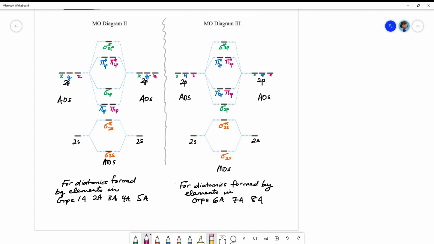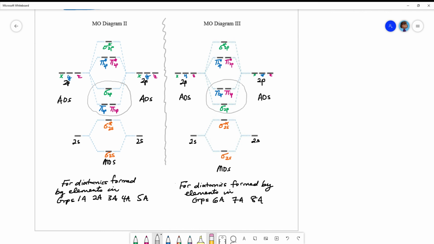So the real difference between these two molecular orbital diagrams is that in molecular orbital diagram 2, the pi molecular orbitals are lower than the sigma molecular orbital, but in molecular orbital diagram number 3, it's reversed.